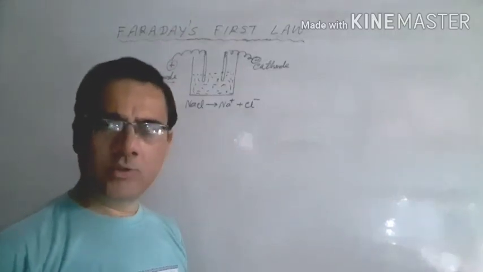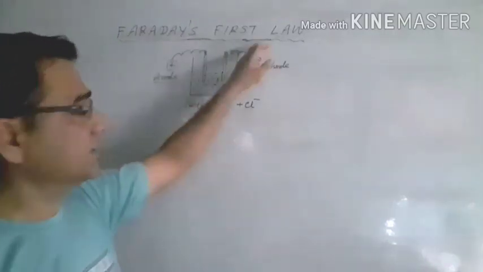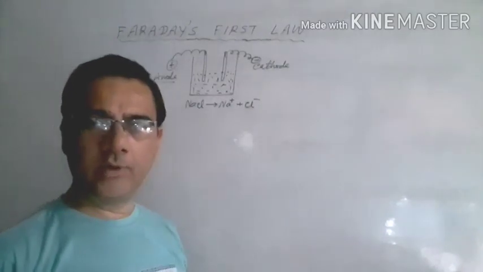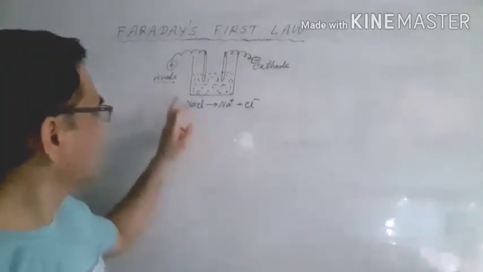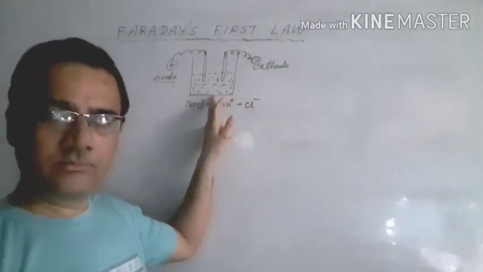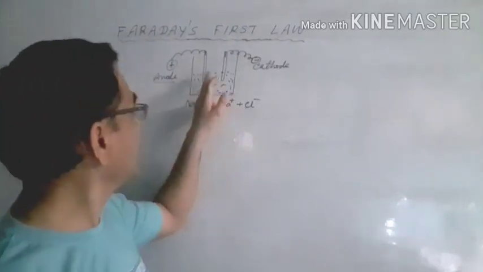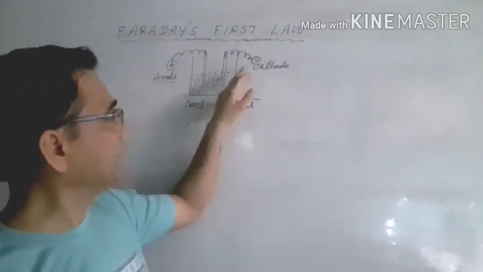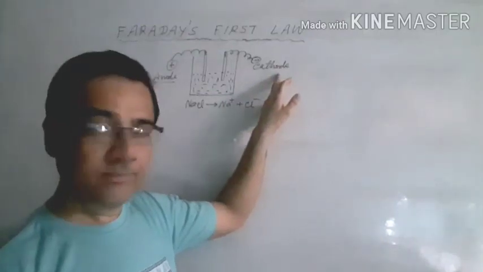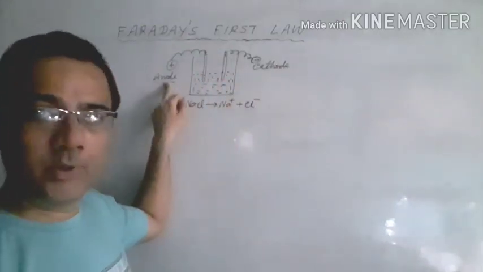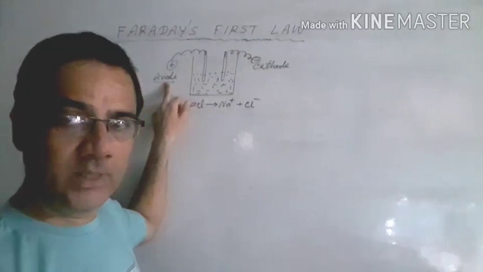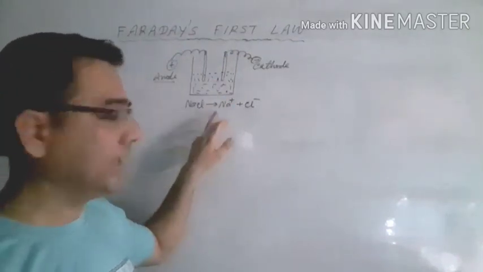Now we will study the next topic, and that is Faraday's first law. Imagine a cell, and in this cell we are adjusting two electrodes. One electrode we connect with the negative terminal of the battery, another electrode we connect with the positive terminal of the battery. And in this I am taking molten NaCl.